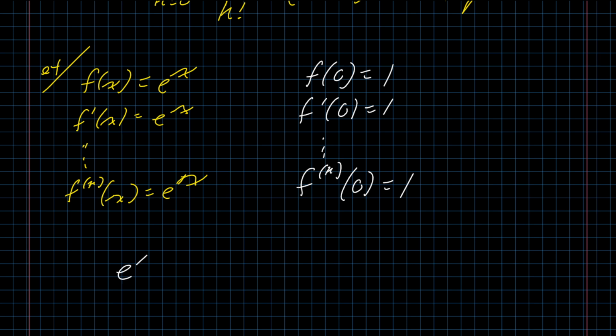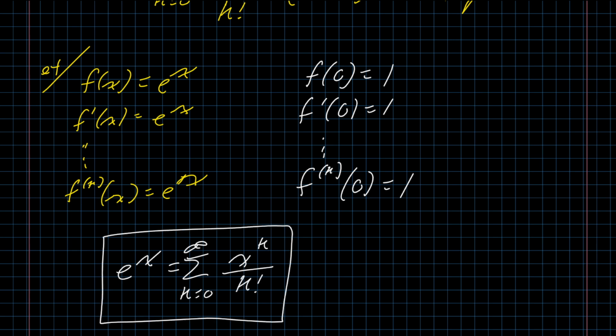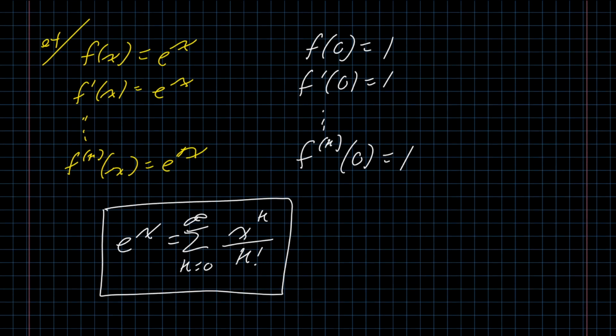So we can write the Maclaurin series for the exponential function. e to the x is the sum, k goes from 0 to infinity, of, well, the derivative 1 times x to the k divided by k factorial. That is a worthwhile formula to know offhand. Especially if you are continuing onward in your study of mathematics, it will come up again.